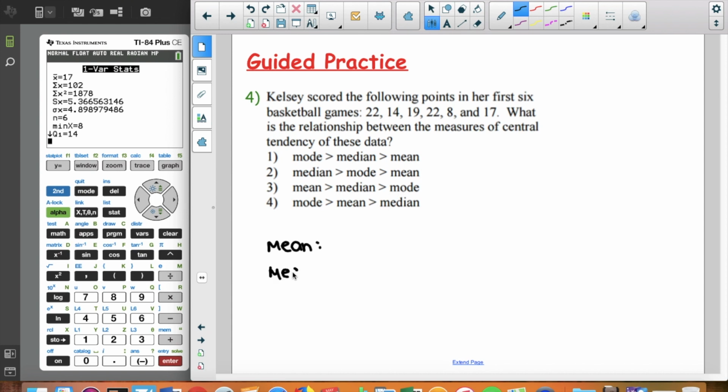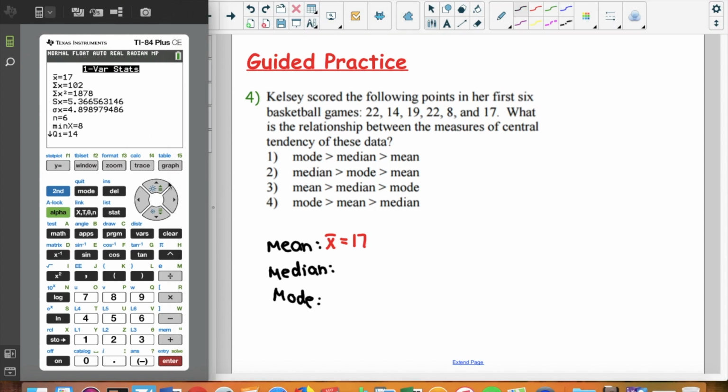So we should be identifying the mean, median, and mode. The mean is represented by x bar, and in this case it is 17. So x with the line on top is the mean. The median, I don't see it here exactly, but I just have to scroll down and it's there.